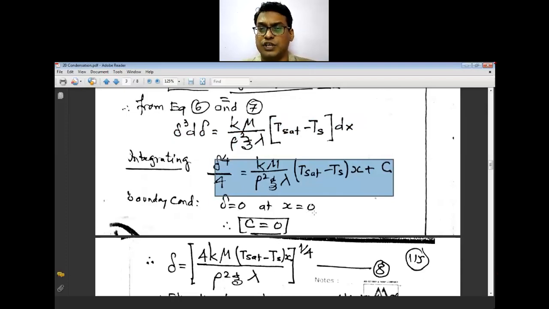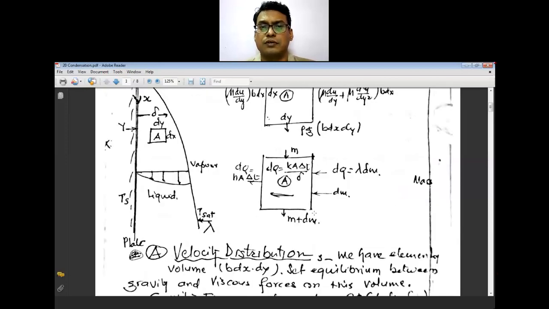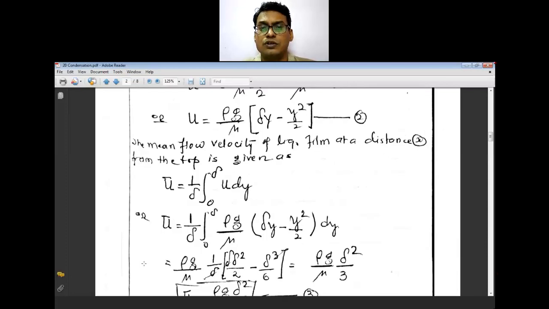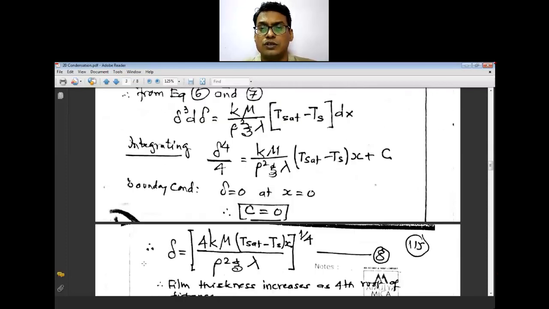At x equals 0, that means at the top, that is your top point, the film thickness will be 0.